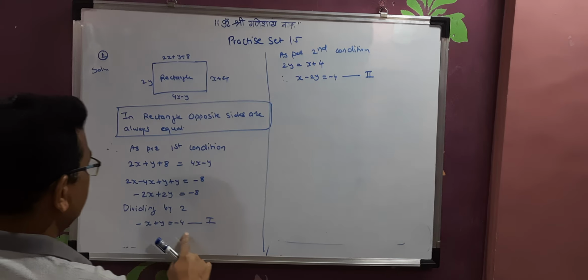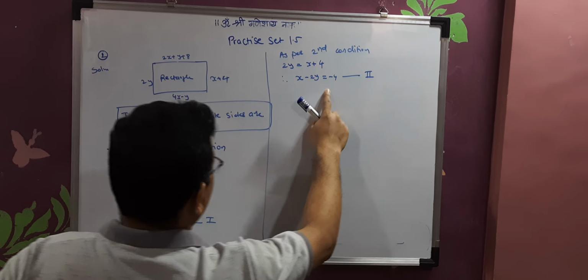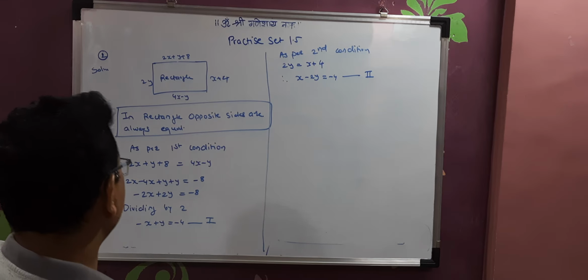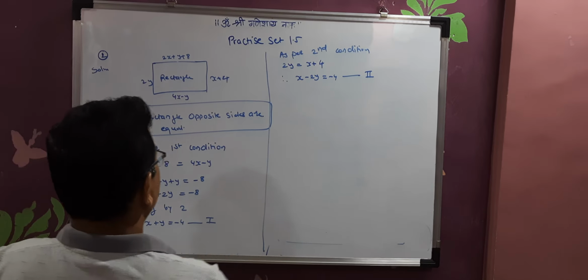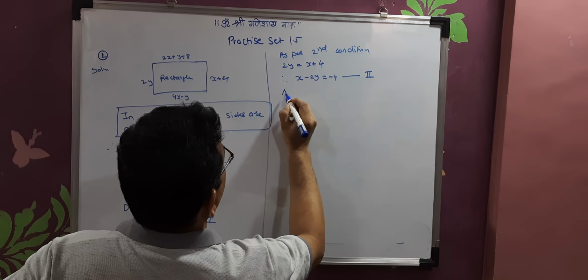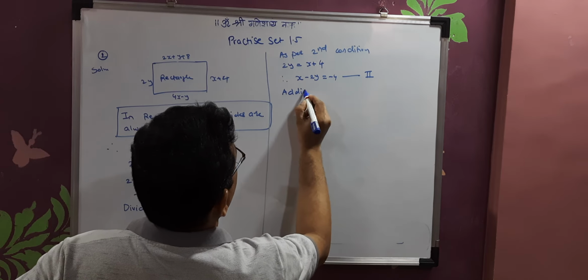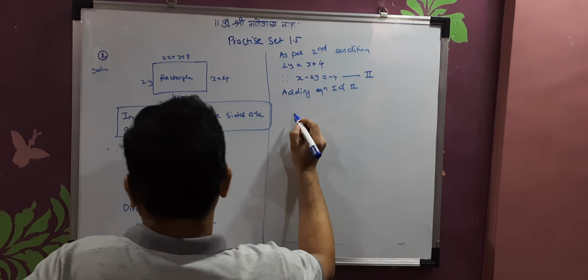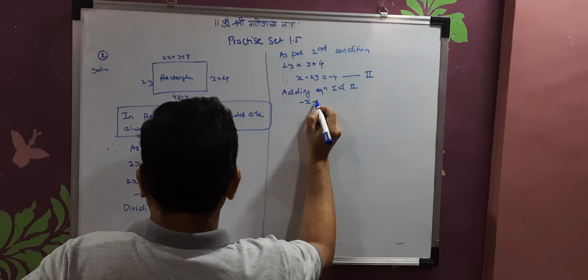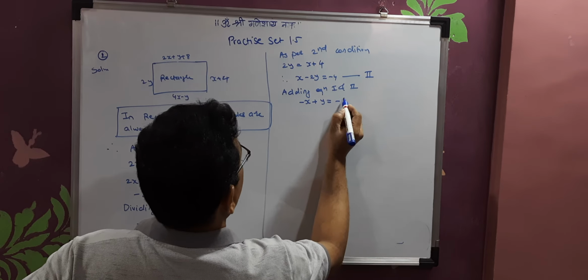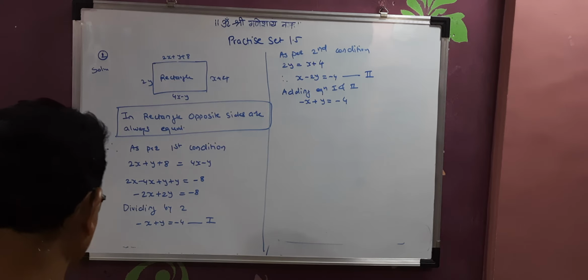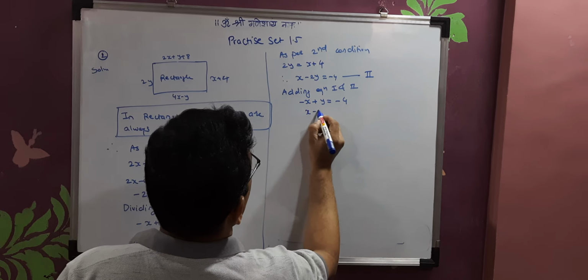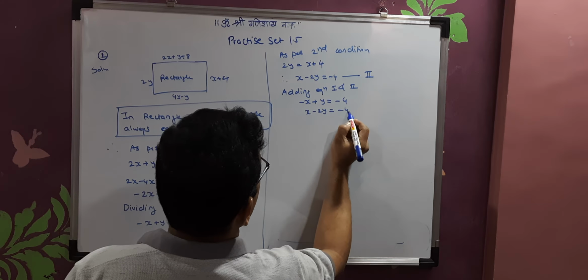Now what we will do? This is minus x plus y is equal to minus 4, x minus 2y is equal to minus 4. Here is minus x, here is x. So we can add both these equations, because by adding, the x gets cancelled. So adding equations 1 and 2, minus x plus y is equal to minus 4 and x minus 2y is equal to minus 4.